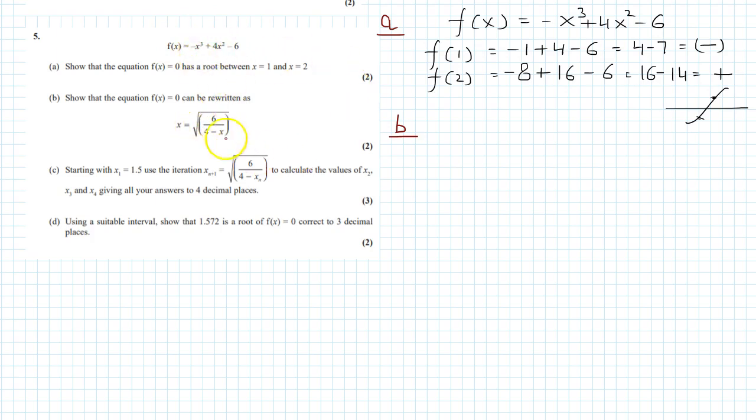You can see, for example, if I do this question opposite, x squared is equal to 6 over 4 minus x. Now I do the cross multiplication. So 6 is equal to 4x squared minus x cubed. Can you see that I'm almost getting this? So it's just how to arrange it. It's just free marks.